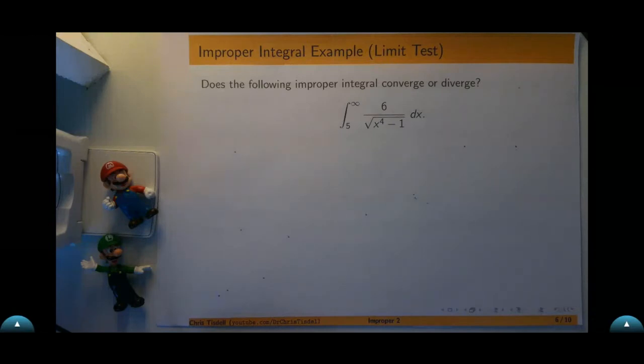Keep those responses coming, people. So some people are saying yes, some people are saying no. If you don't know, just guess, right? It either converges or diverges. It can't do both. So go on, have a go.